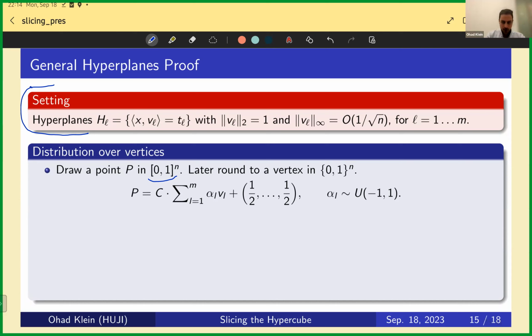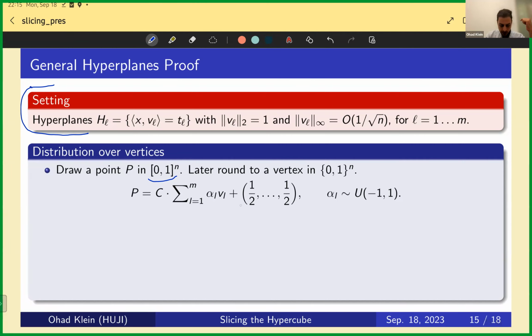So we're going to use the following definition for P. This is a distribution for the point P, and we will soon justify why we want to define this point.